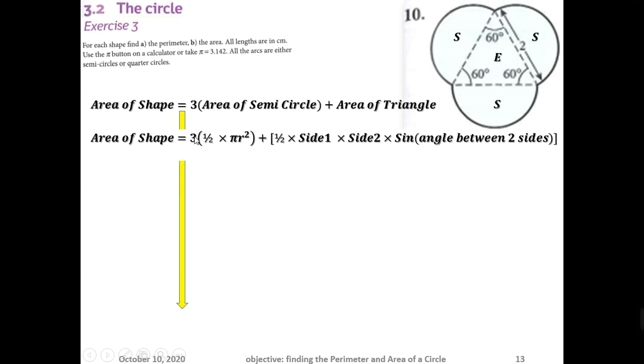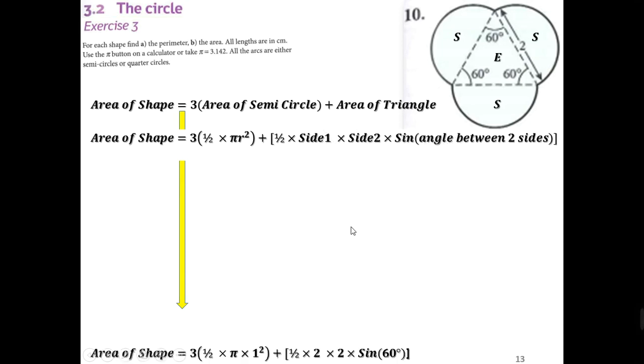So 3 pieces of semicircles times the area of one semicircle, which is half times pi times r squared, and r is 1, so this r is going to be replaced with 1. Plus the area of a triangle, which is half times side 1 times side 2 times sine of the angle between the two sides. Side 1 is 2, side 2 is 2, and the angle between the two sides is 60.